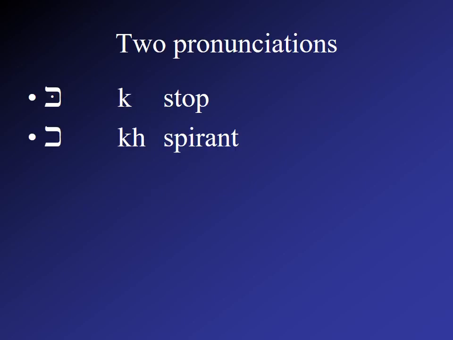The kaf is another letter that has stopped and spirantized forms. So when you see the dagesh or the stop, you pronounce it with a stop of air. So k, kaf. When the letter lacks the dagesh or lacks the stop, the airflow continues, so it becomes the spirantized form, chaf, chaf.